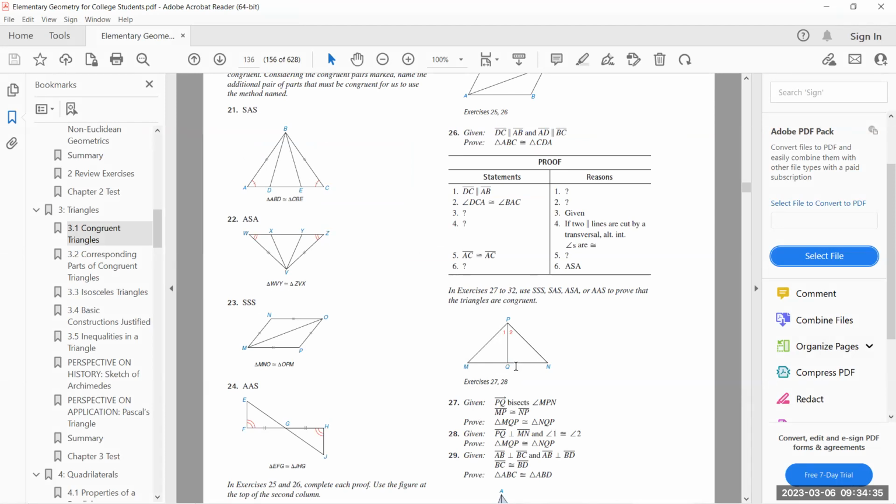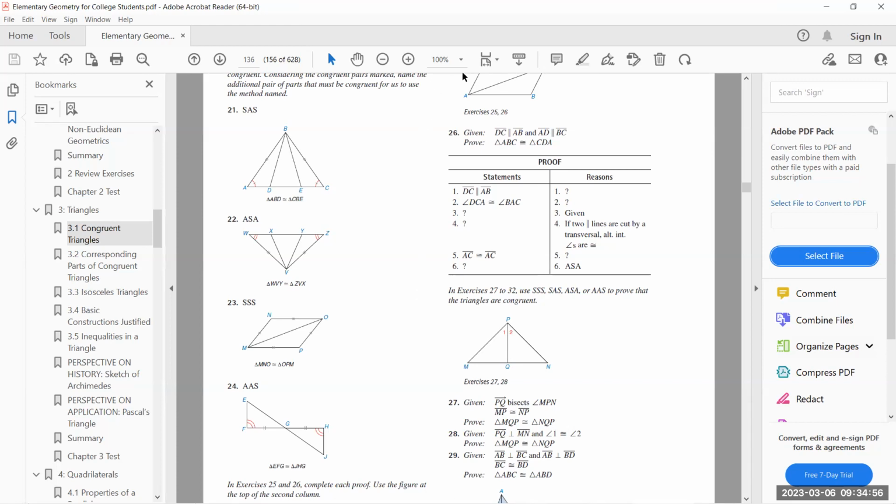And NQP is also 90 degrees by the definition of perpendicular, because that's what perpendicular means. So you can say that MQP and NQP are 90 degrees.